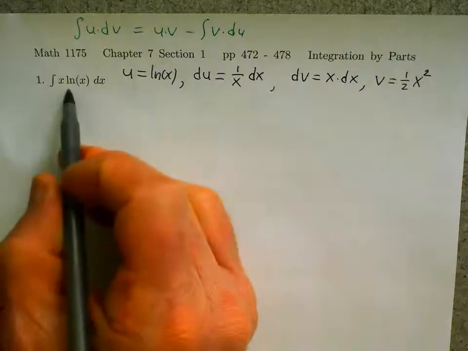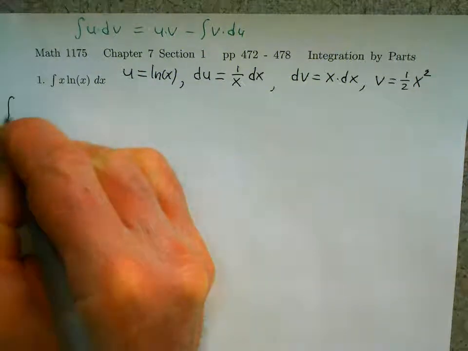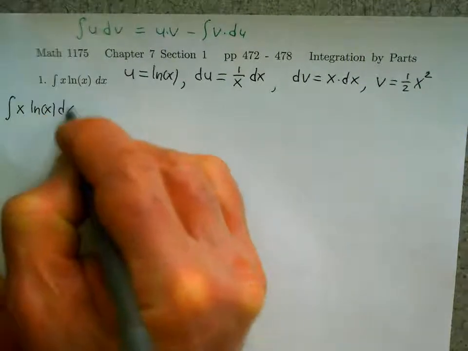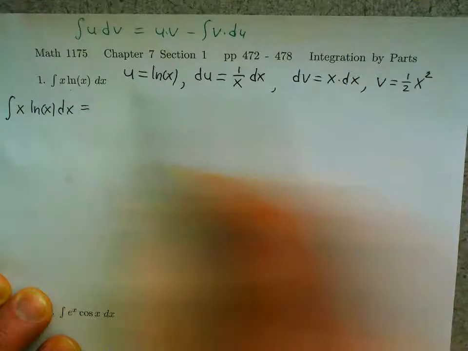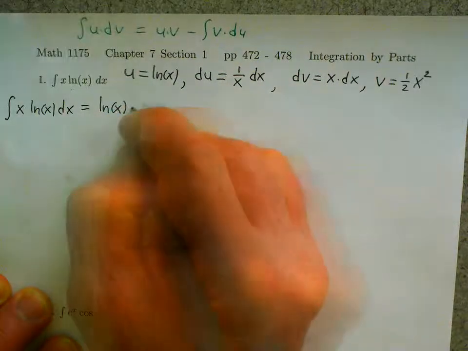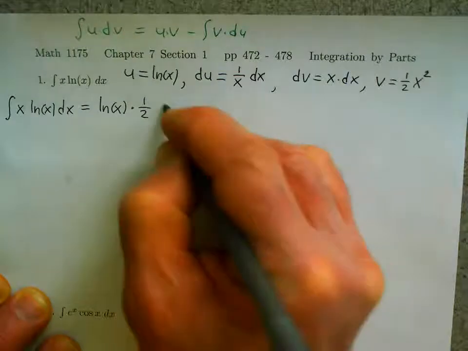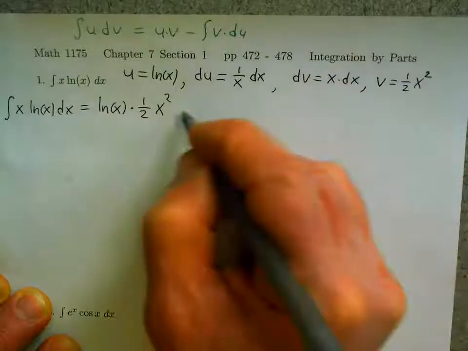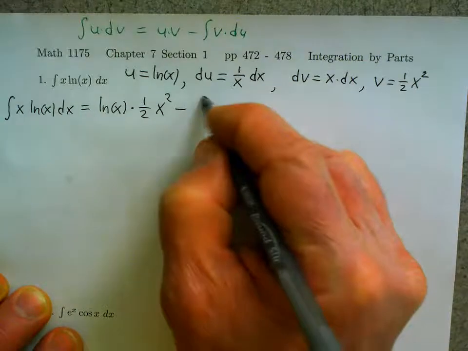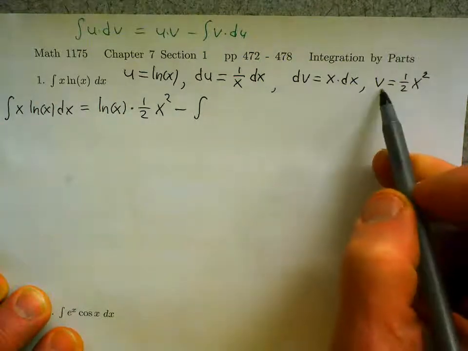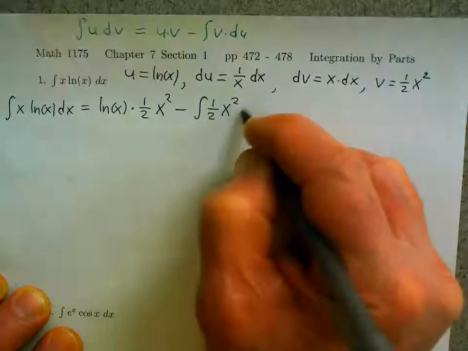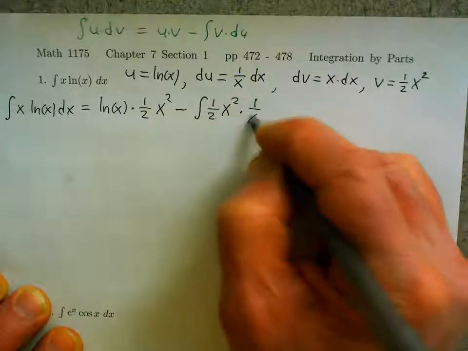Okay, so the indefinite integral of x times the natural log of x dx. So u times v, I have the natural log of x times 1/2 x to the second. And from that, I'm going to subtract the indefinite integral of v times du. So that's 1/2 x to the second times 1 over x dx.